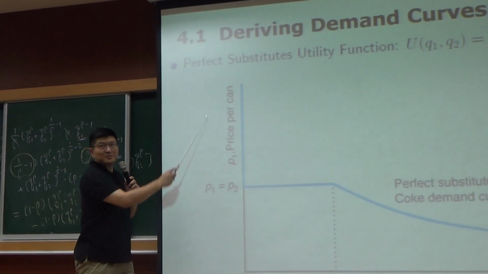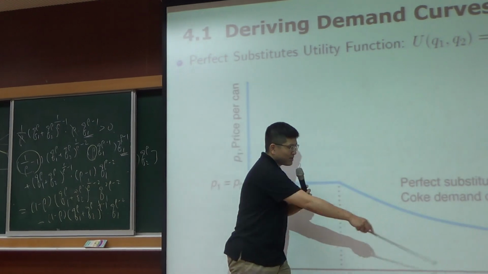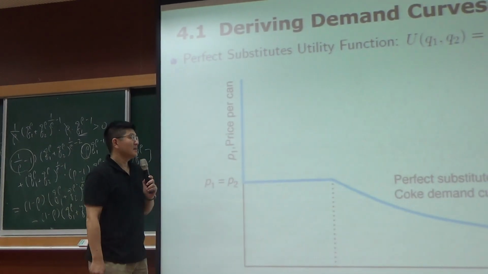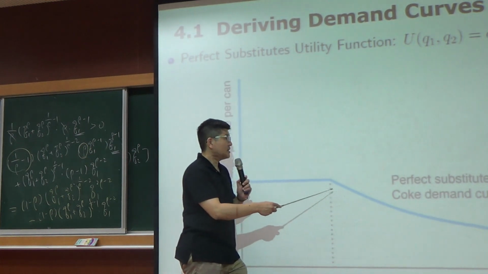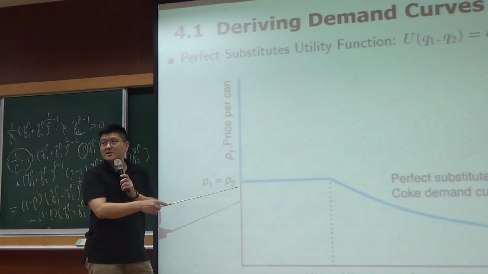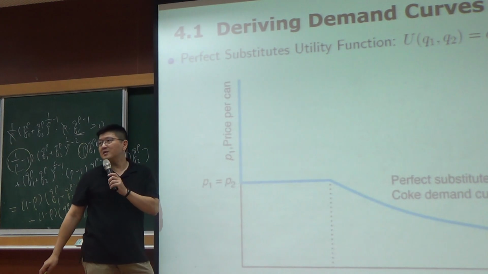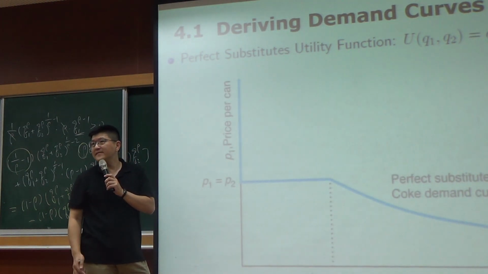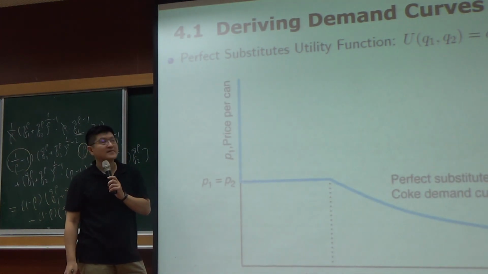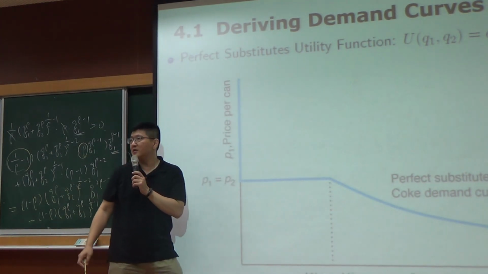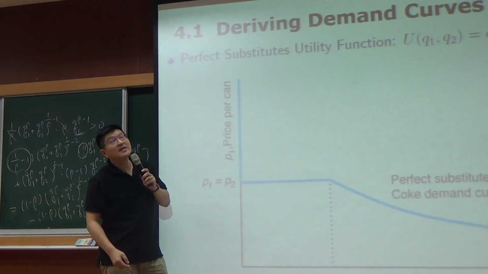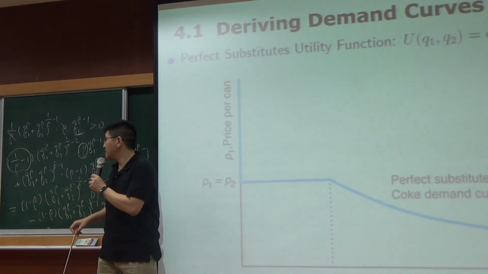Its price P1 is quantity demanded Q1. So what kind of utility function can make us derive this demand function? This is the utility function form. So it's a perfect substitute. Okay?